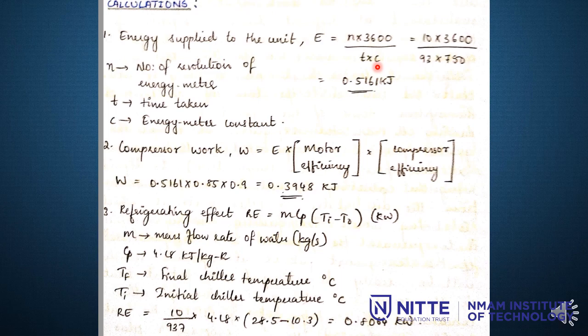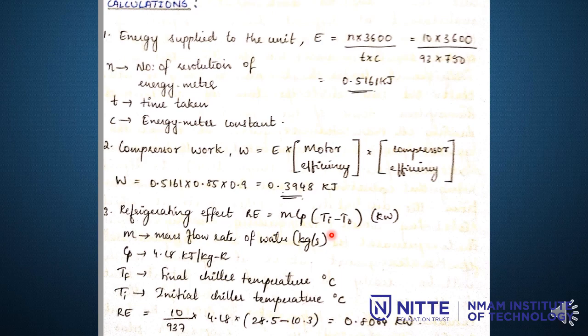It means that when the disc rotates 750 times, you have 1 kilowatt hour or 1 unit of power consumption. So kilojoules per second is kilowatt. And finally the refrigeration effect, which is m Cp delta T, the difference between the initial and final temperatures. m is the mass flow rate of water over so much interval of time. So this is how we have found it.